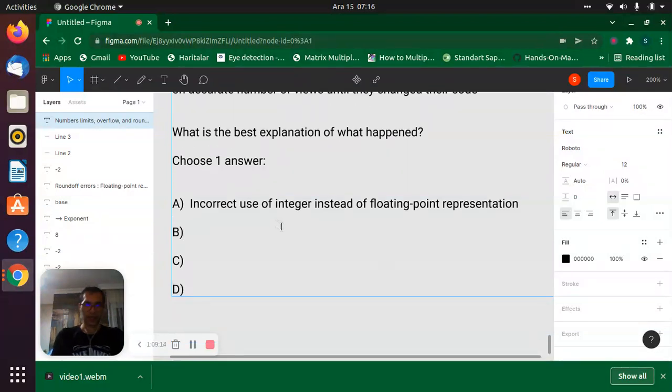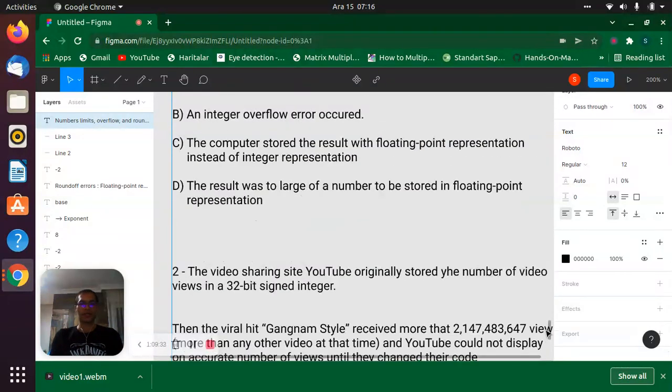Also, the other one is saying integer overflow error. This is a really amazing explanation. So there is an overflow error because why? Our system is 32-bit. I told you 32-bit, right?